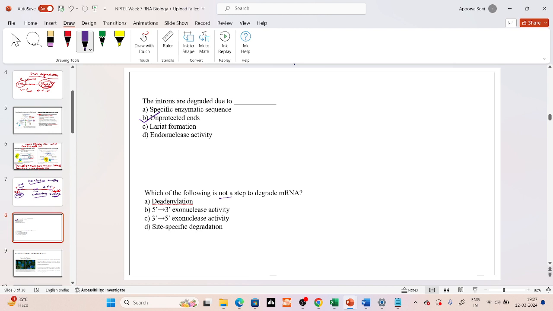Which is not a step to degrade mRNA? 1 minute to think and then I'll switch the screen. Try to answer, try to think.